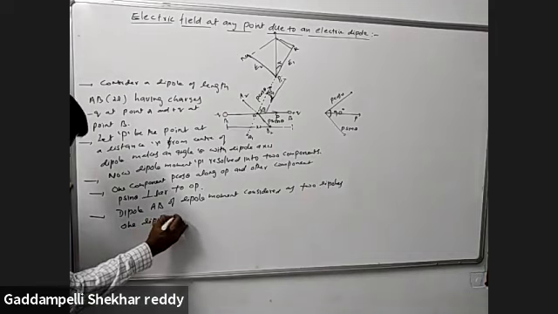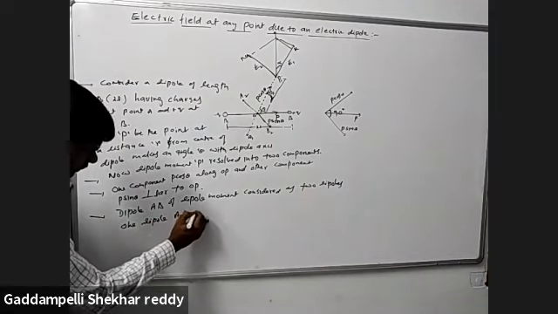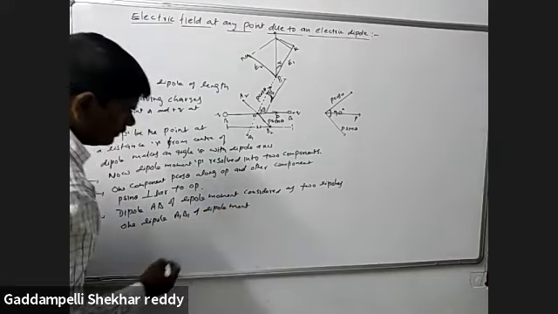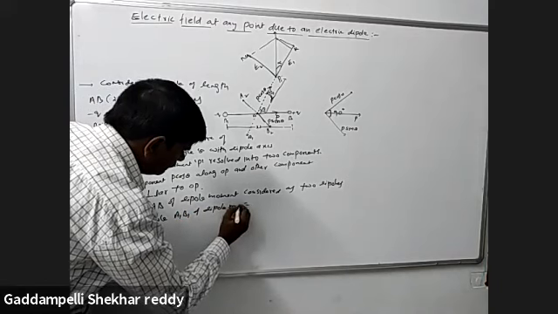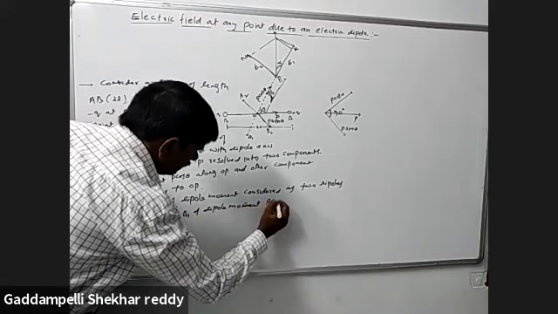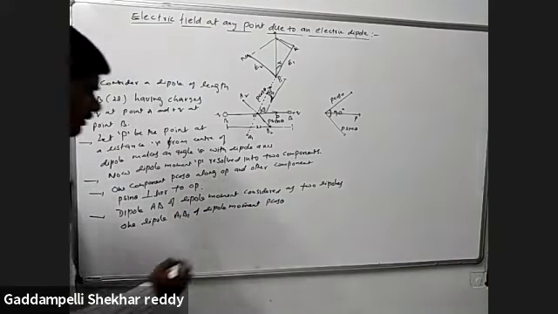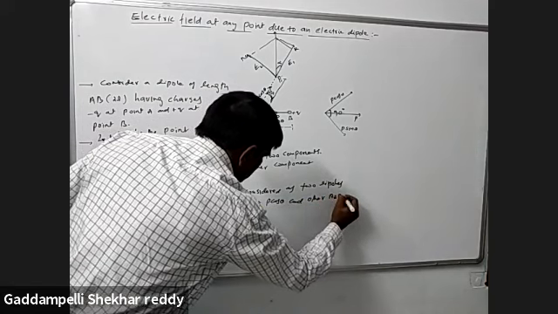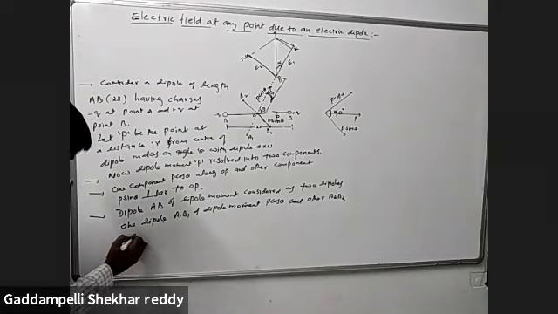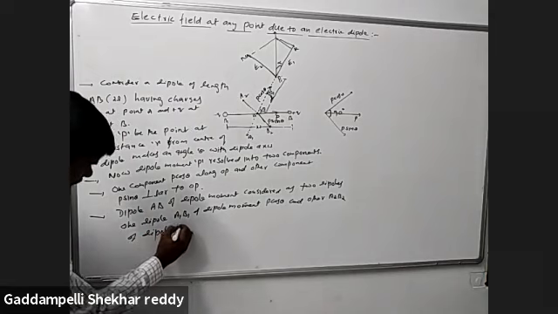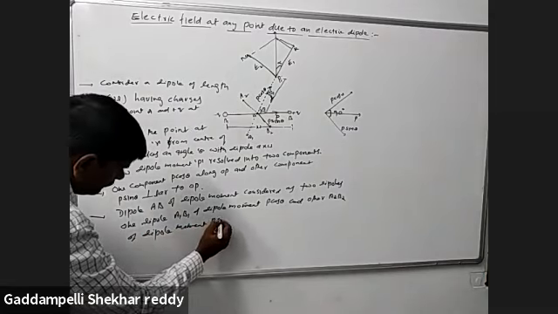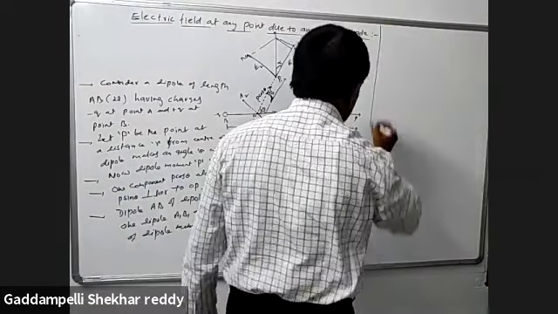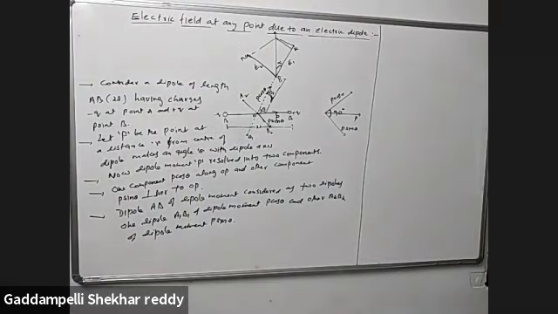One dipole A1B1 of dipole moment P cos theta, and the other A2B2 of dipole moment P sin theta.